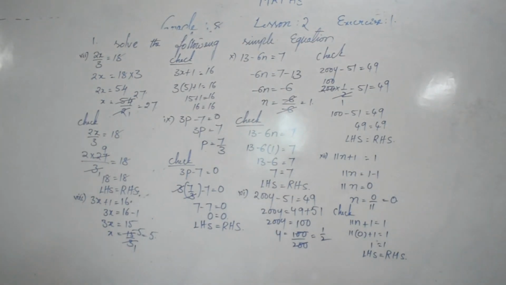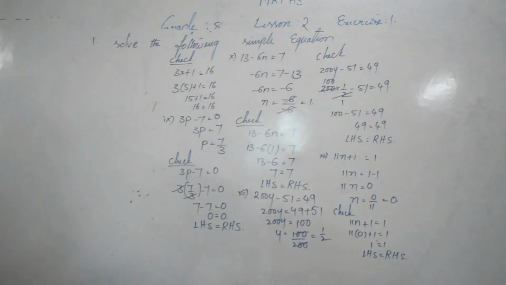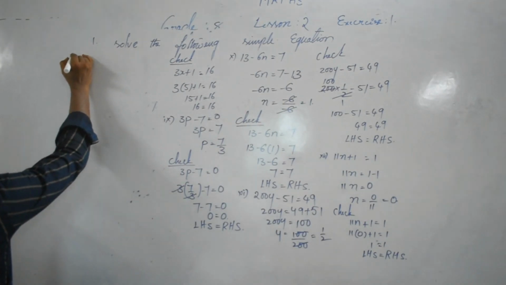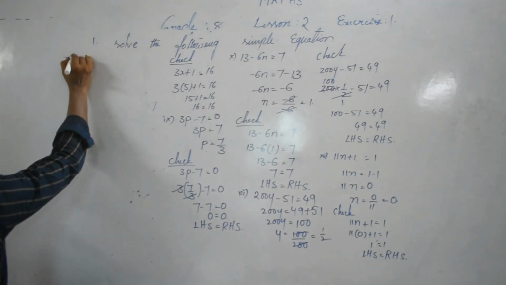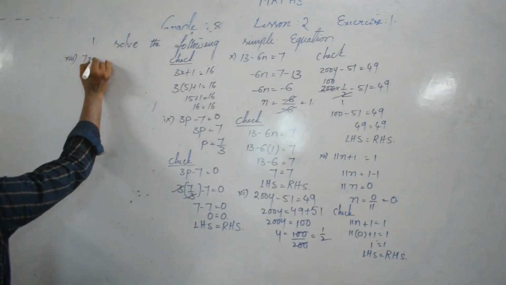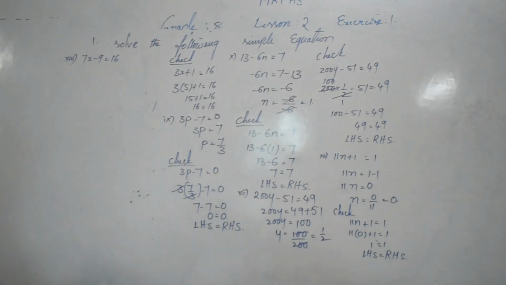Next, 13th problem. 7x minus 9 is equal to 16.